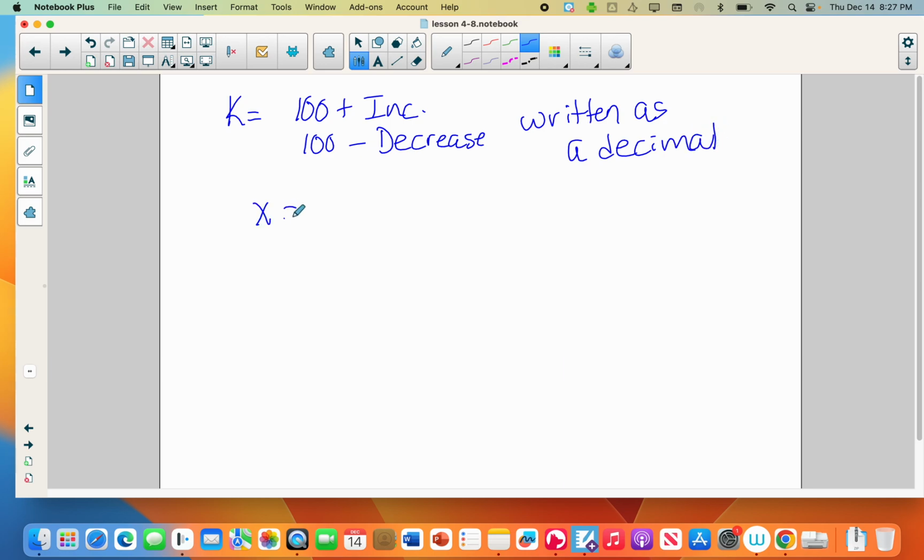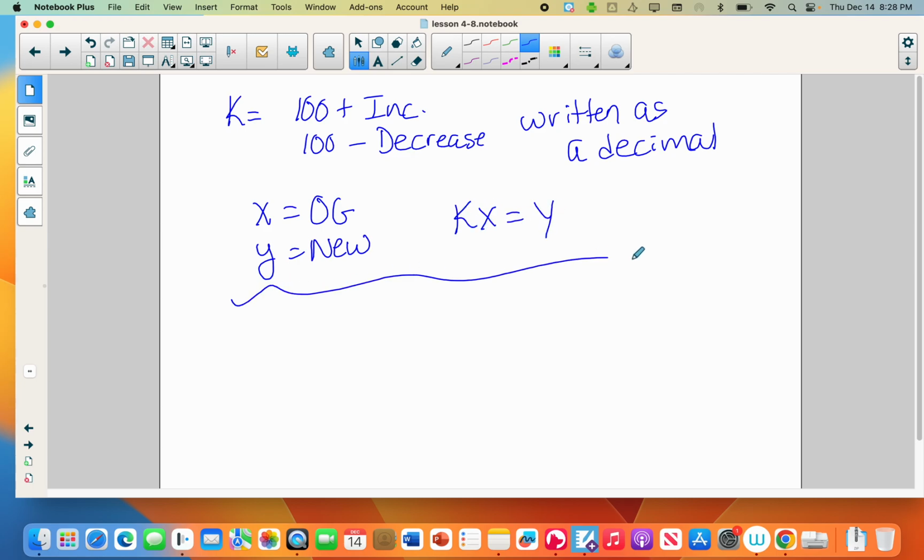And x is always going to be our original, y is always going to be our new. So we have that kx equals y. And when we're doing more than one step, we can multiply our k values together to get our final k value to make our equation.